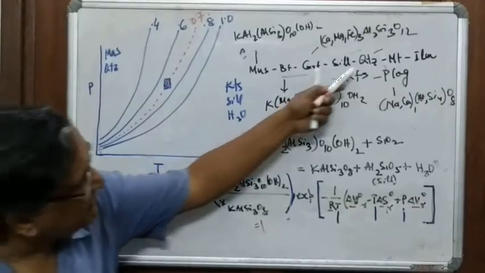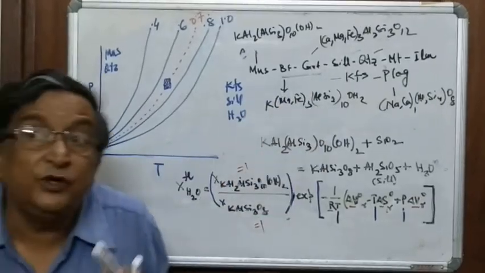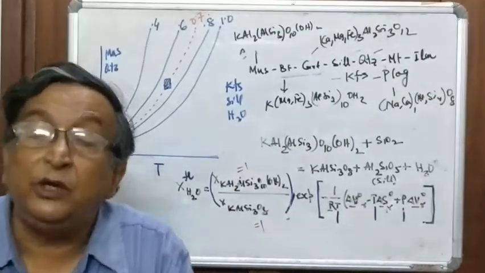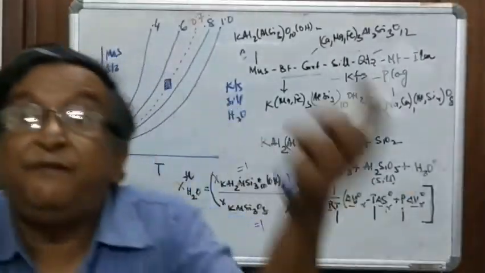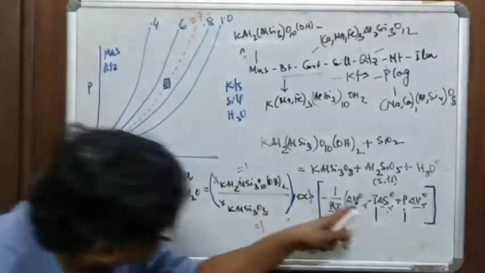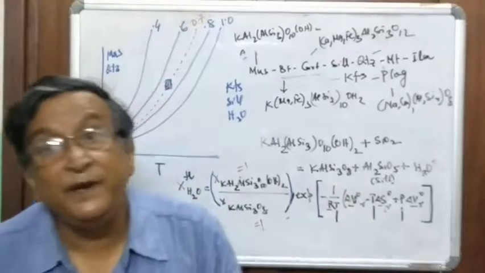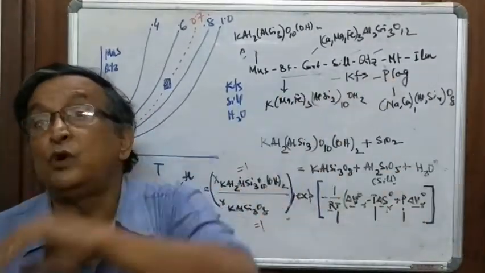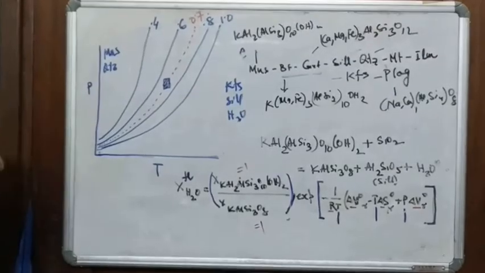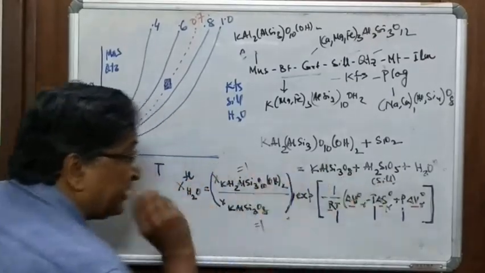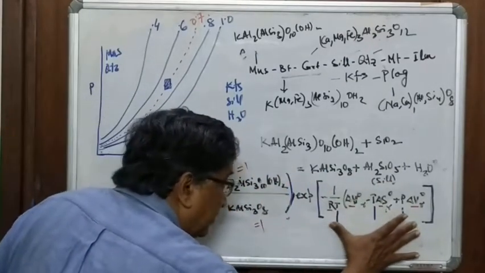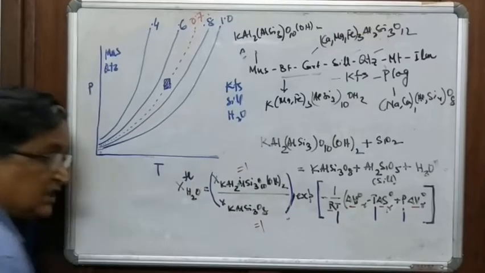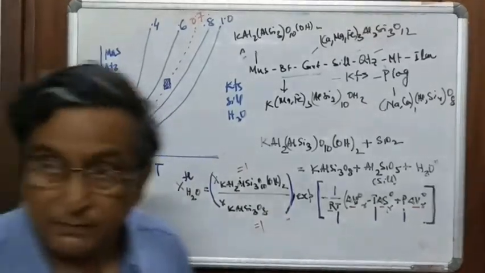But when you are in a mineral assemblage, your XH2O you don't know. Your XH2O you have to find out. So if you have to find out, then pressure temperature has to be known before. And this is how you find out the XH2O condition of the rock. From simple thermodynamics, this part is for the pure end members, this part is for the solid solution end members.